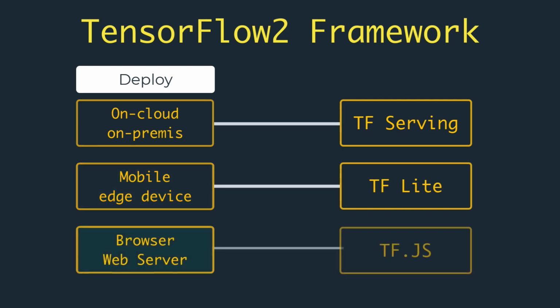And lastly, TensorFlow.js enables model deployment in JavaScript environments like web browsers or server-side through Node.js. Using TensorFlow.js, you will also be able to define models in JavaScript and train those directly in web browsers using a Keras-like API. At this stage, we are done with our machine learning model development.